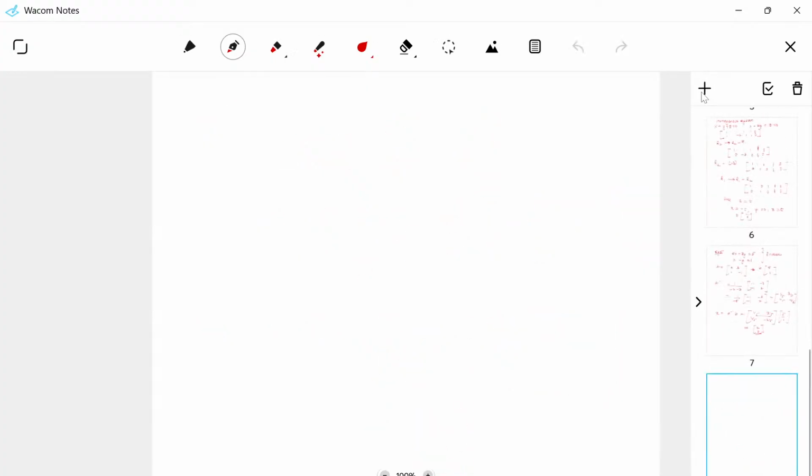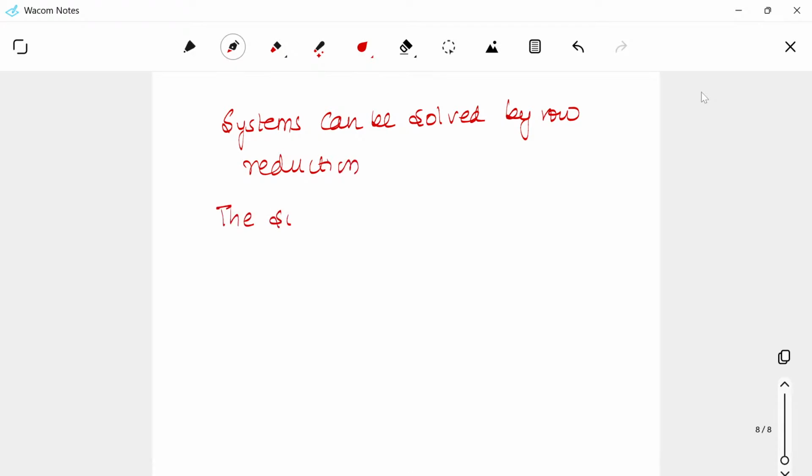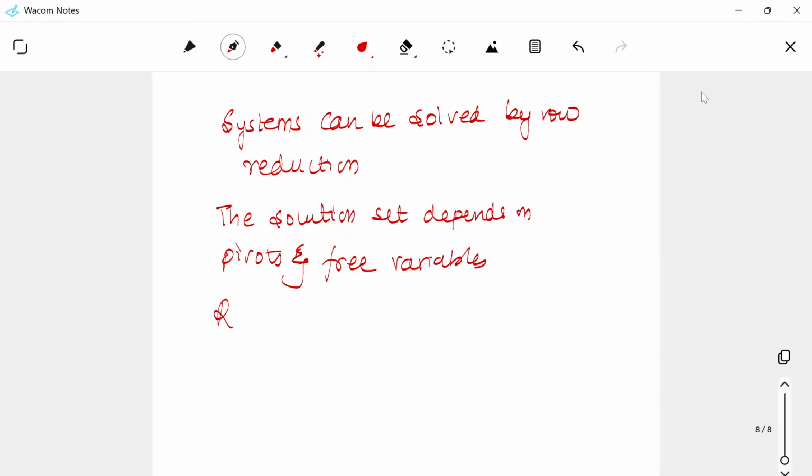Now systems can be solved by row reduction. The solution set depends on pivots and free variables. RREF gives the solution straight away.